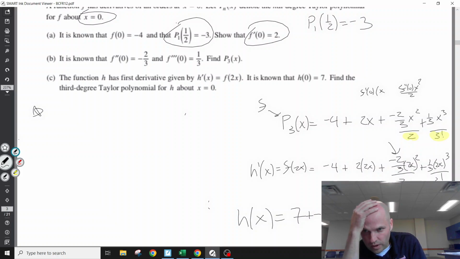I have 2 squared, x squared, over 3, 2. The 2's will cancel. Antiderive, it's x cubed over 3, so that becomes x cubed. This becomes 3 squared. That's my third degree.